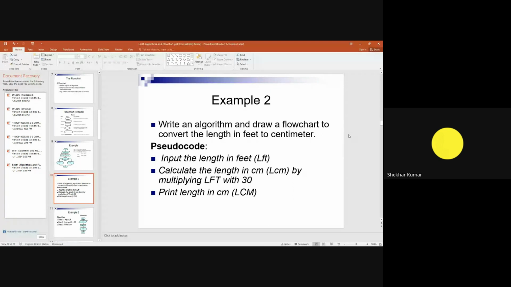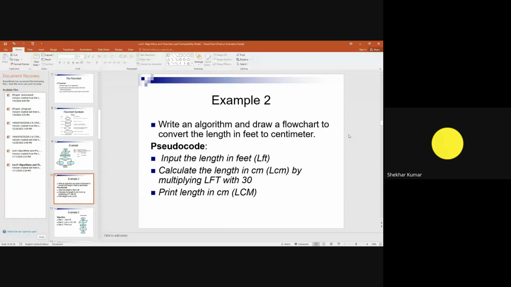Pseudocode is similar to English-like language. What will you do? At first, you will input the length in feet. Then you will calculate the length in centimeters by multiplying it by 30. After that, you will print the length in centimeters.